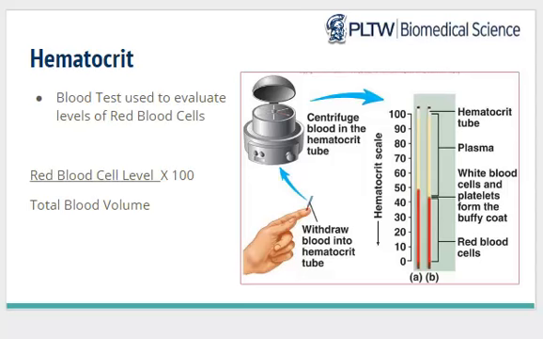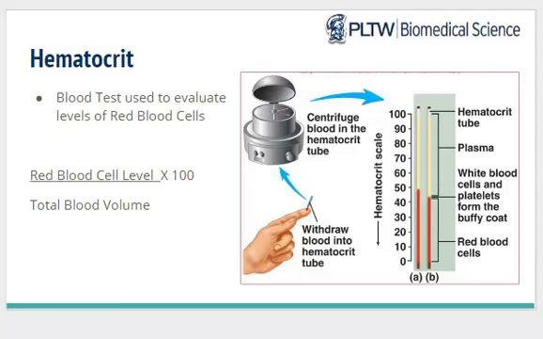To perform a hematocrit, you need to withdraw blood into a hematocrit tube, which is a small, generally glass vial, and then you will put that tube filled with blood into a centrifuge. That centrifuge will separate the whole blood into plasma and your red blood cells.